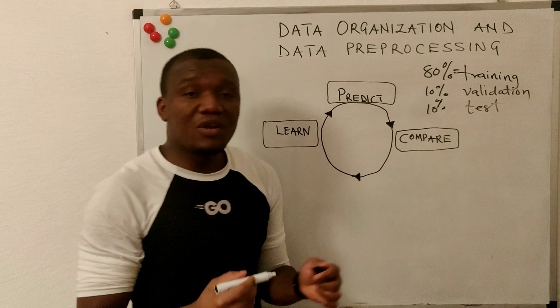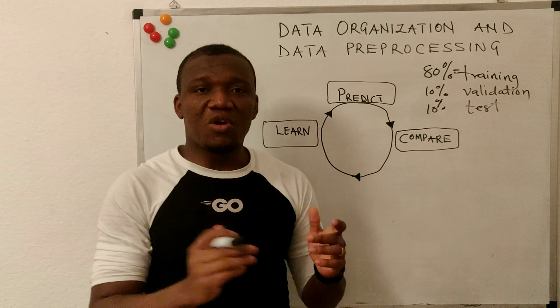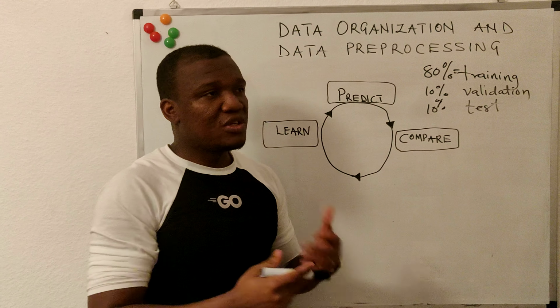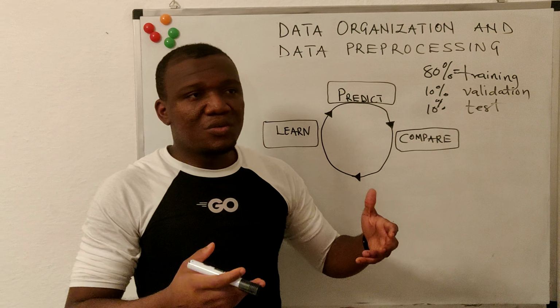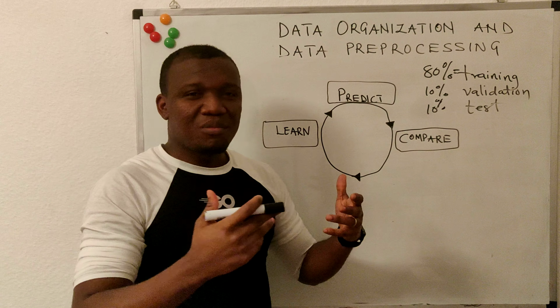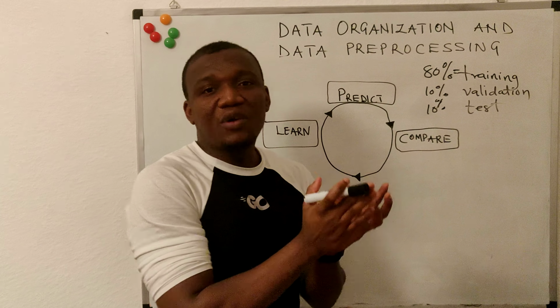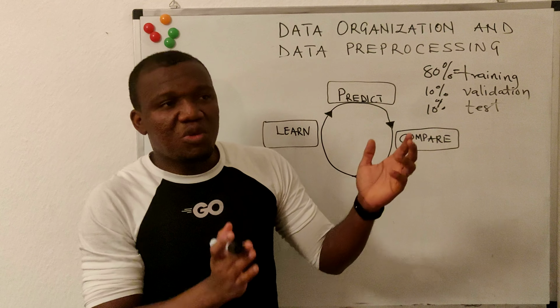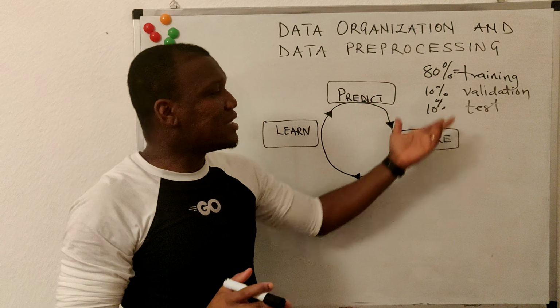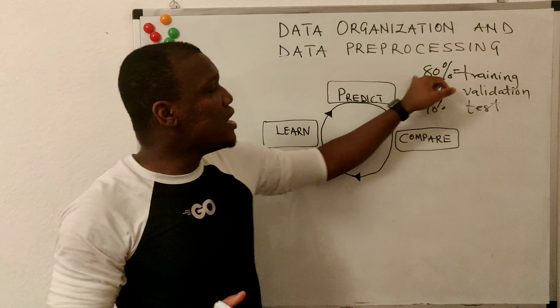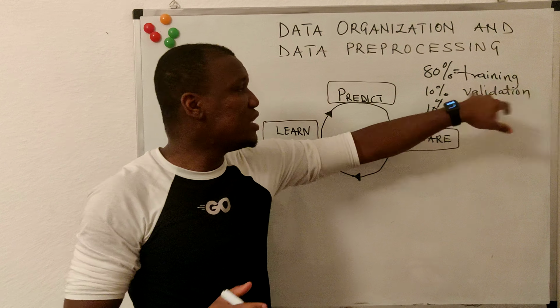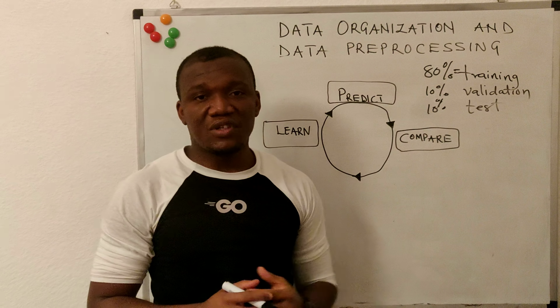Again, there is no hard rule. The practice of deep learning is more of an art than a science. So there are no rules that will guarantee a specific output, but there are certain guidelines that you can follow. So you can always use 80% of your data set for training, 10% for validation, and 10% for test sets.